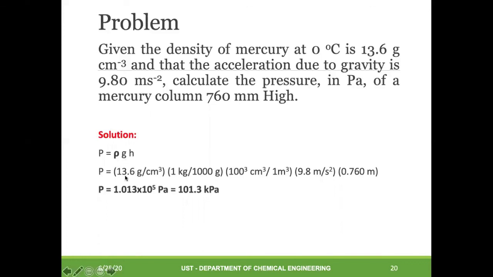Rho, density, is 13.6 gram per cubic centimeter, converted to kilogram per cubic meter, multiplied by 9.8, multiplied by height in meter, 0.76. So the answer is 1.013 times 10 raised to 5 Pascal, or 101.3 kilopascal.